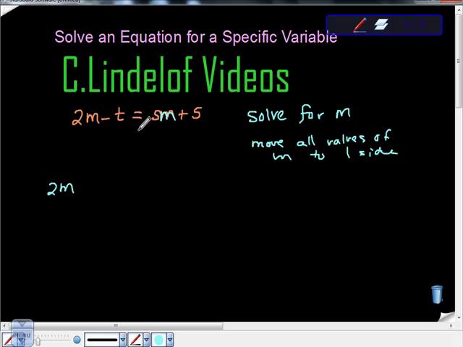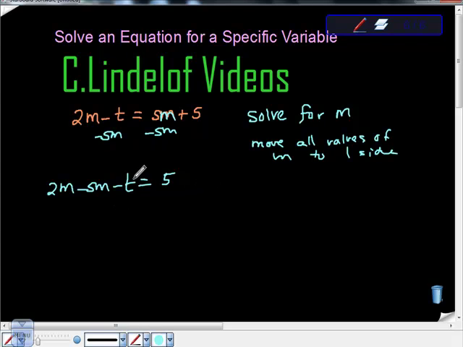So I'm going to subtract sm from both sides, so minus sm, minus this t that was already there, is equal to 5. Hopefully you can see that I subtracted sm from both sides. This is not 5m's. If it was, then we could gather these, but this is a variable s. So we have them all moved to one side.